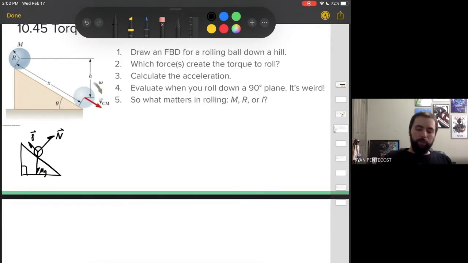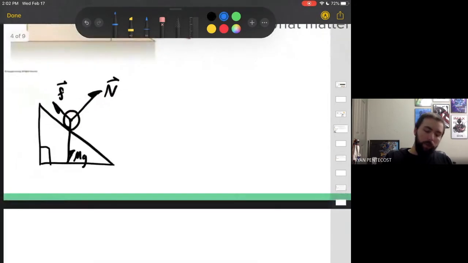Now, which forces are actually creating the torque to roll down the hill? This is where it's going to get confusing, because rolling is going to treat that friction differently. If we draw our triangle like we usually do for gravity, with this angle theta, we see that mg is a driving force down the hill and friction is supposedly opposing that force.